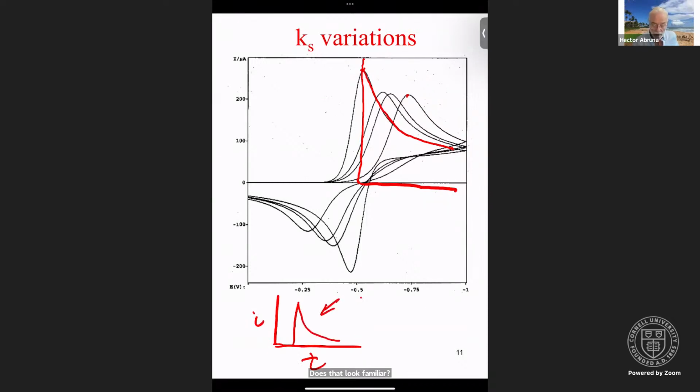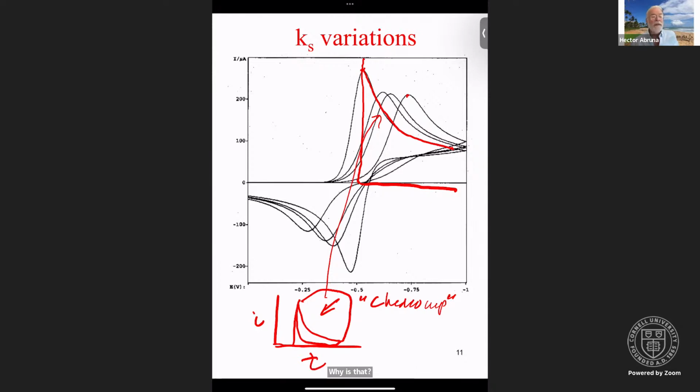This is what we saw from chronoamperometry, right? This shape is exactly that shape. Why is that?